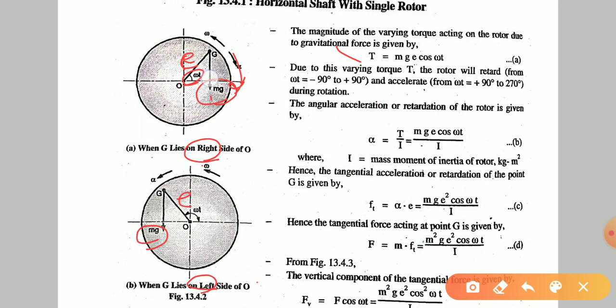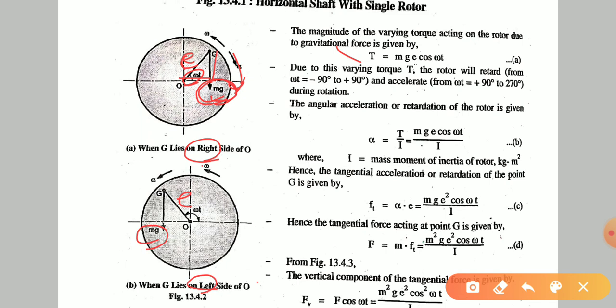This is the horizontal component, and this is our vertical component. The torque will be the horizontal component, which means mg cos omega t into E.